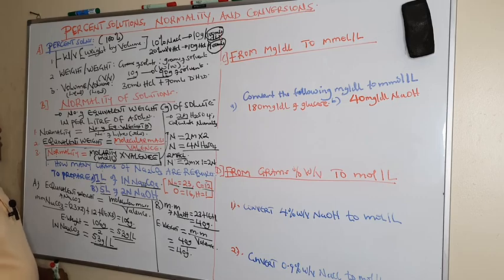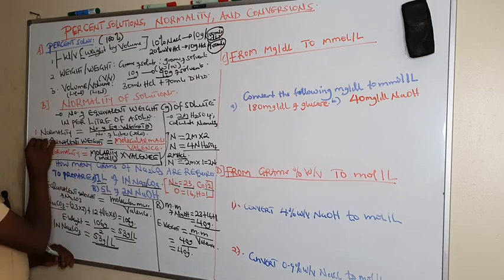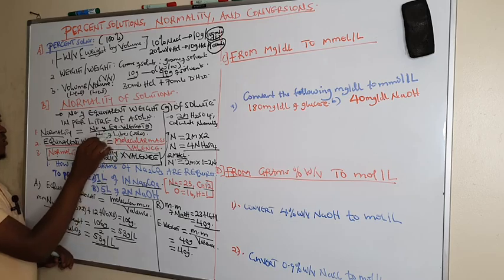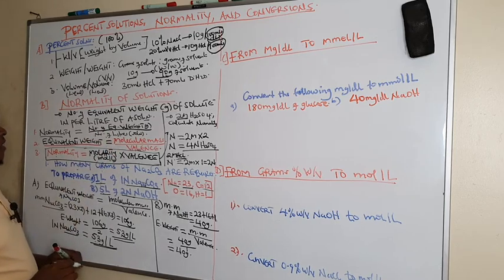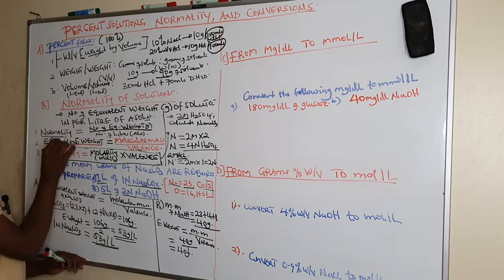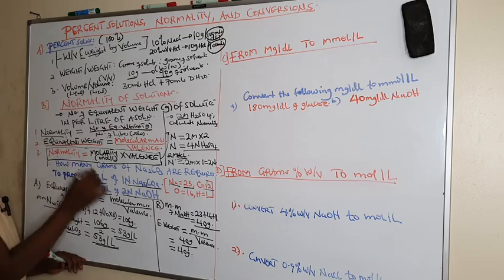After getting that, we have seen in this first formula that the normality is equal to number of equivalent weights divided by number of liters. And we are given a normality, which is 2.